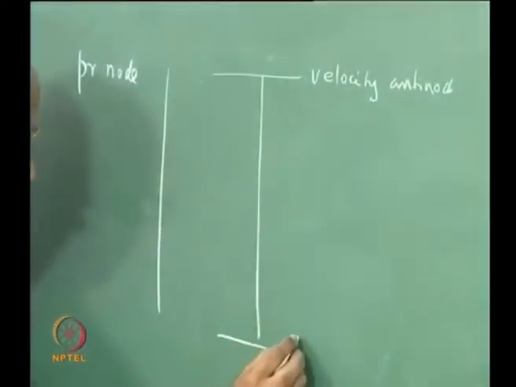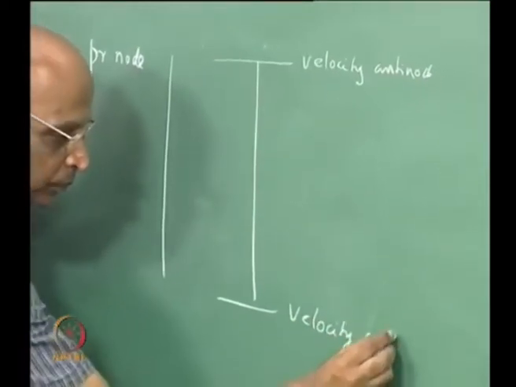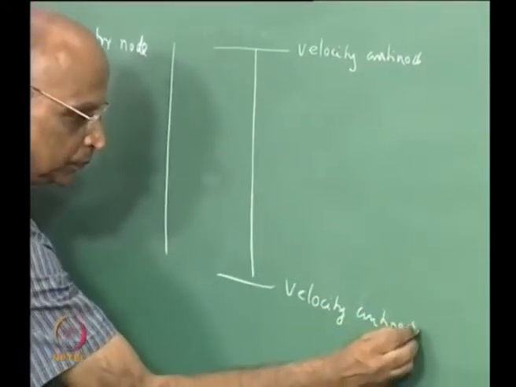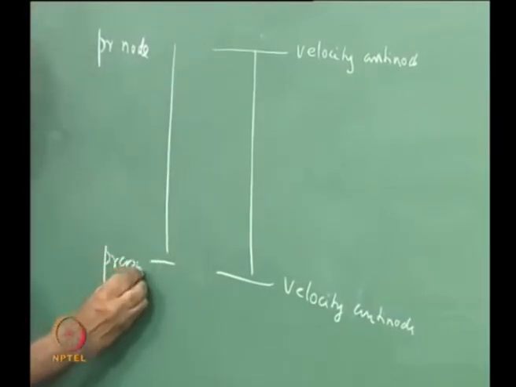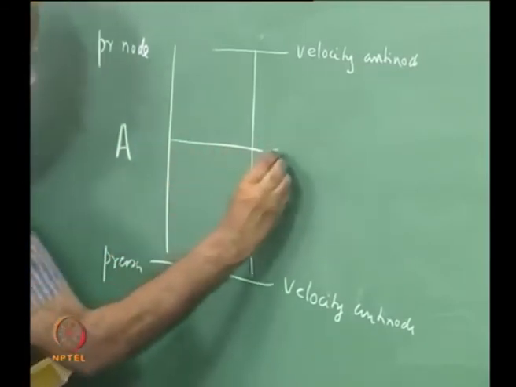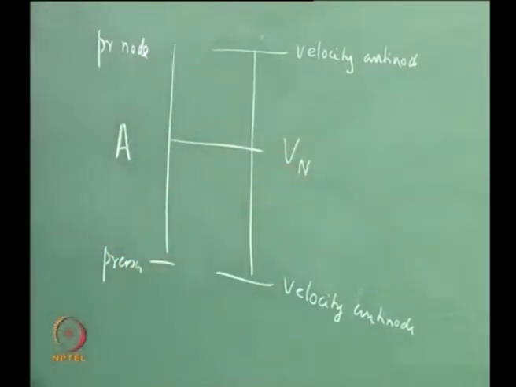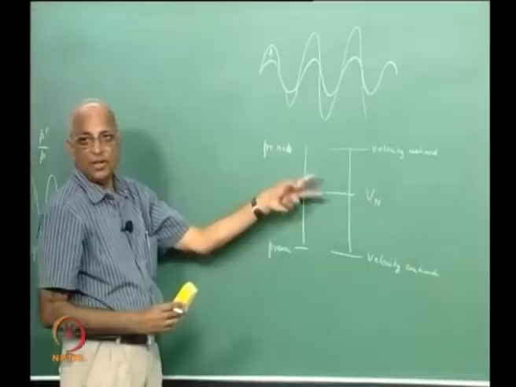Similarly over here I get a velocity antinode, or let us say a pressure node over here, and at the center I get a pressure antinode, a velocity node, and let us add heat to this and see whether the principle really works.